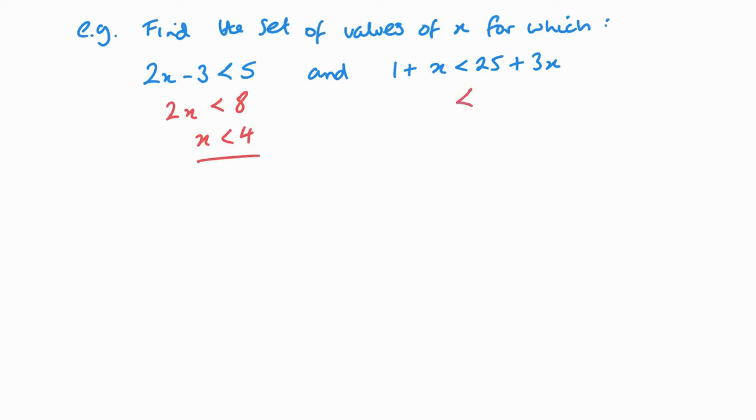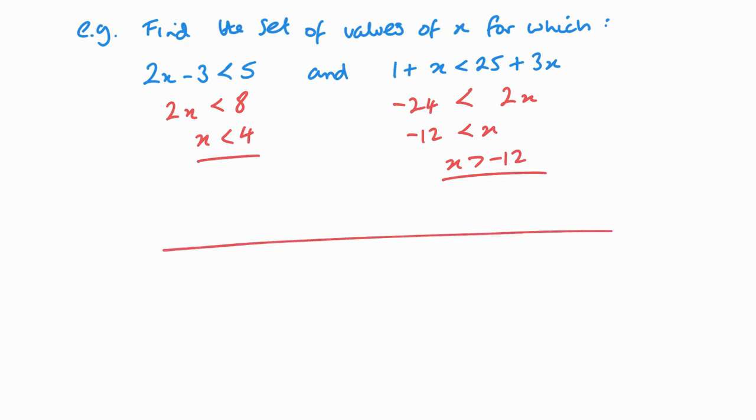And when I'm looking at this one, so we've got x is less than 4, x is greater than negative 12. I'm just going to go in twos here so I can fit it all in nicely.